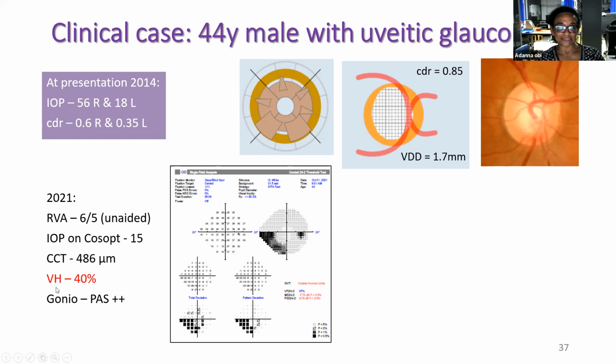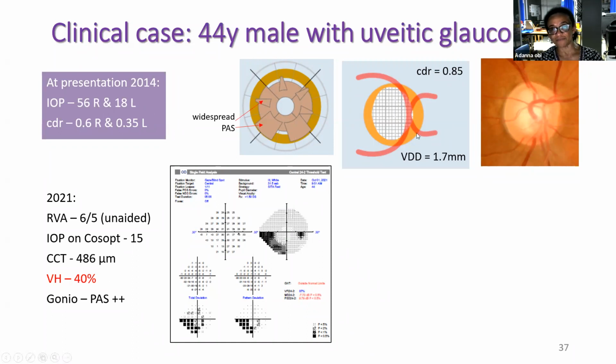Now, just another word to say that just because a Van Herrick is nice and deep doesn't mean that you're going to be wide open. All right, so when we've done gonioscopy here, this person has a widespread PAS, but the Van Herrick can still appear quite wide. Okay, they're quite cupped at this point, so they were 0.6 7 years earlier.